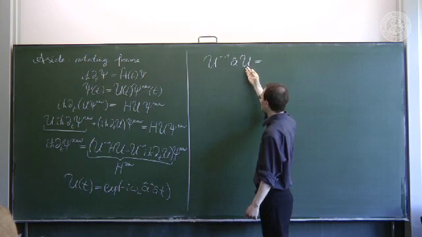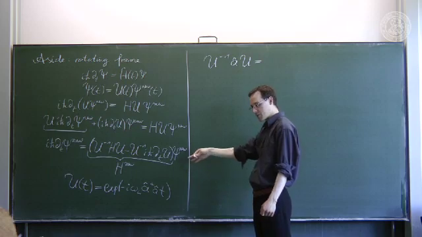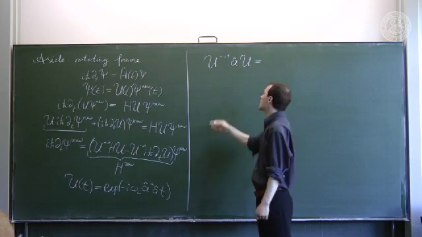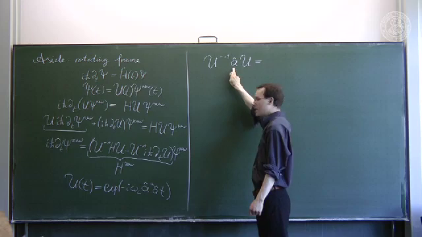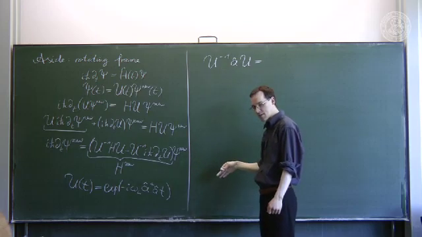First, I apply to the right e to the minus i omega_L times the photon number times the time. Then I destroy a photon, and then I apply e to the plus i omega_L times the photon number times the time.